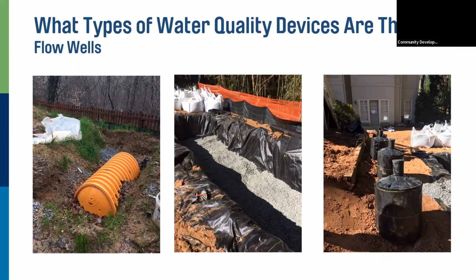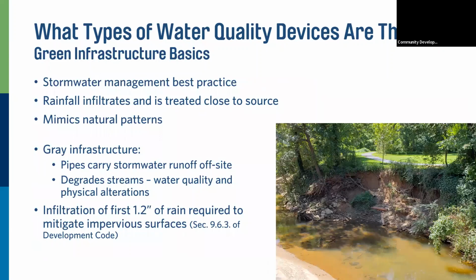All right, so go down to green infrastructure. This is one of the important things we have here, and recently we've adopted the green infrastructure manual. It helps folks look at specific ways to do this in a natural sense, or more economically than some of these other products that we've just shown.